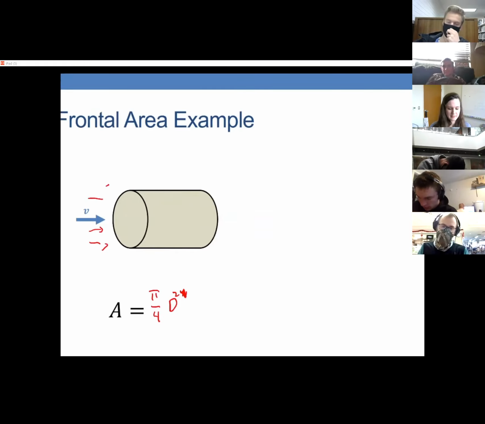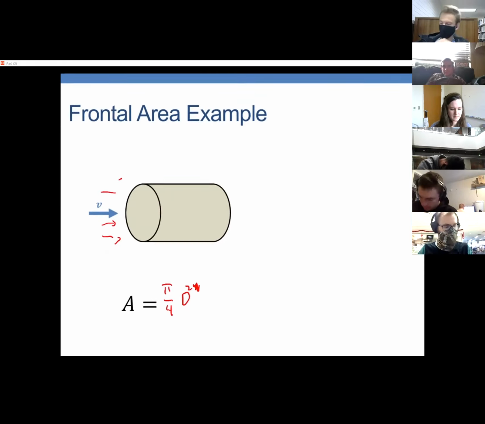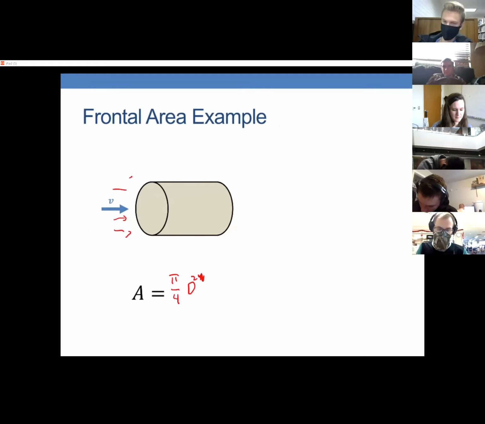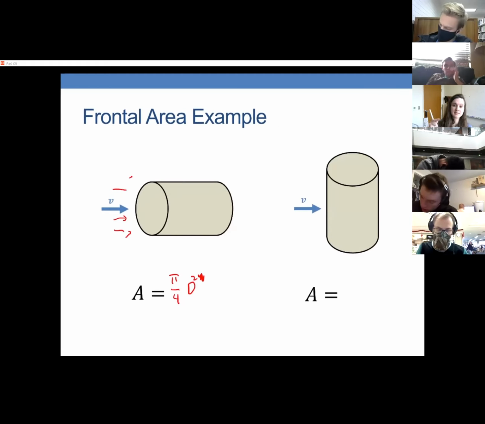But now let's turn the cylinder on its side. Now what's the projected area? A rectangle. Connor said a rectangle.